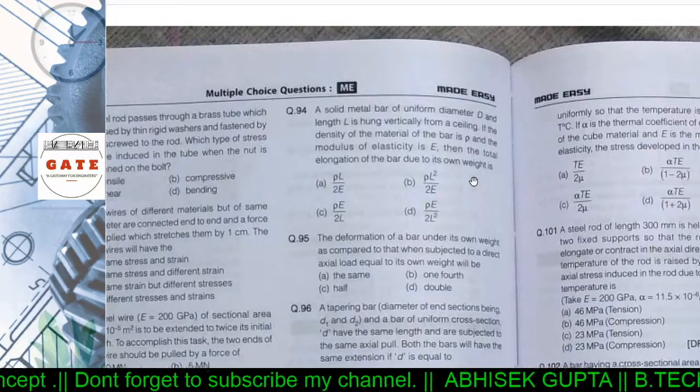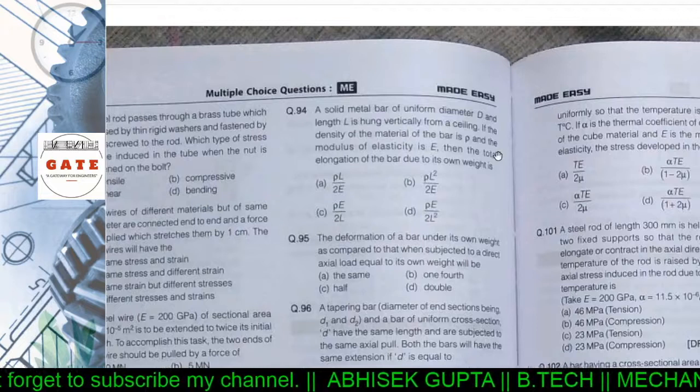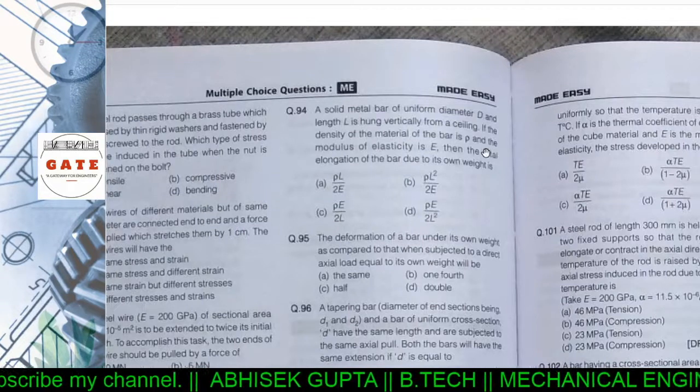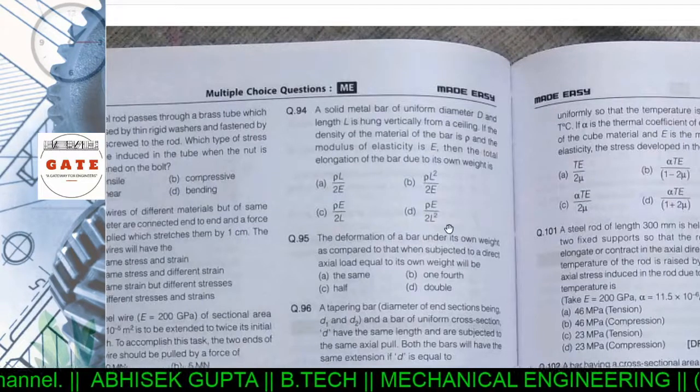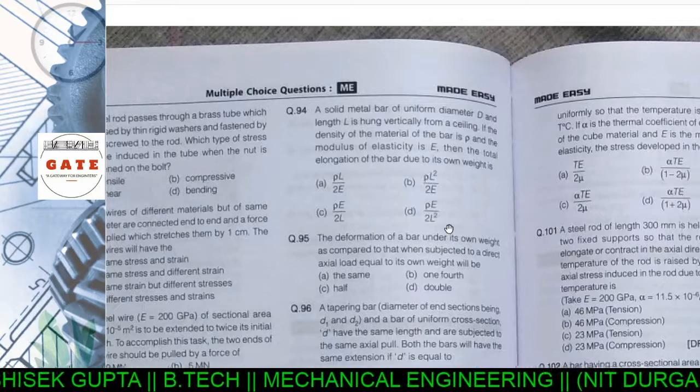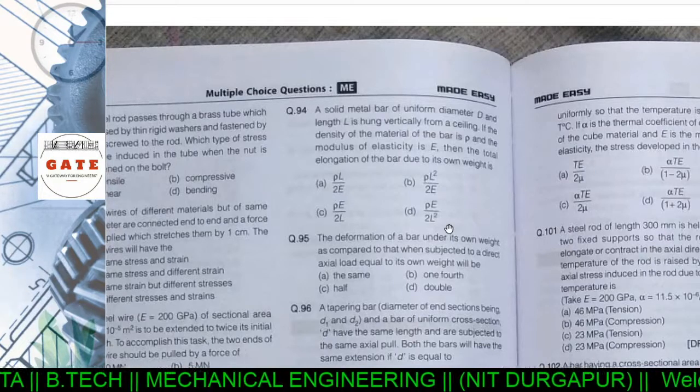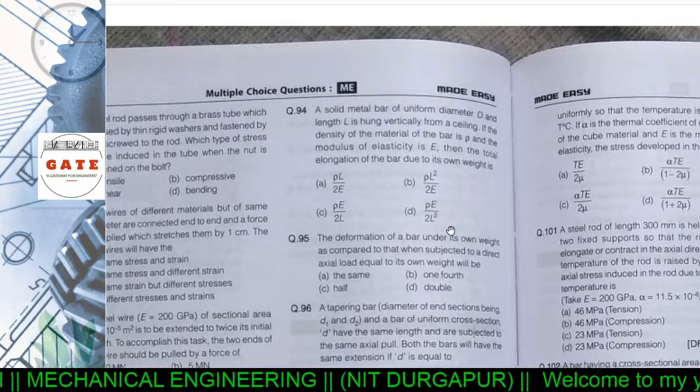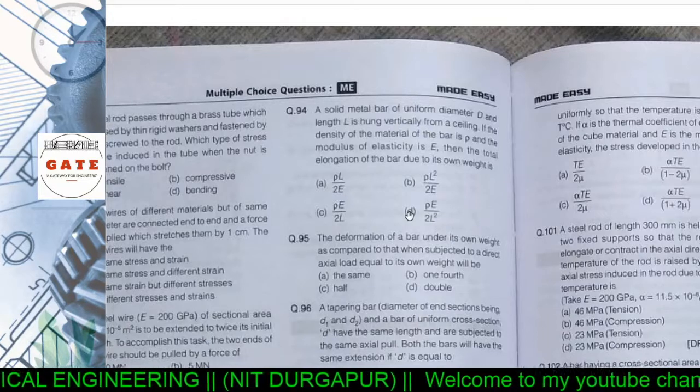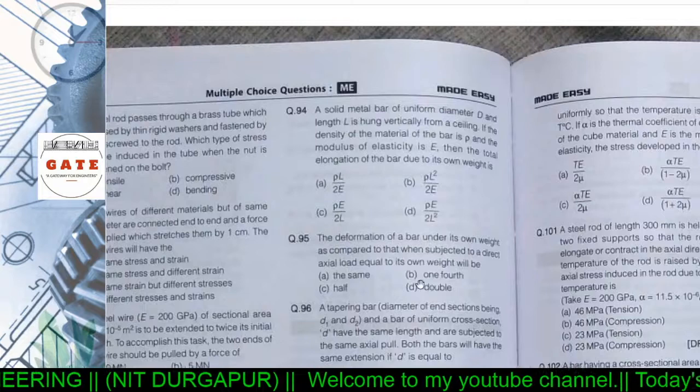Here density is rho, so total elongation due to self weight will be rho L square upon 2E. We have seen that in our formulas. So option 94, option B is correct.